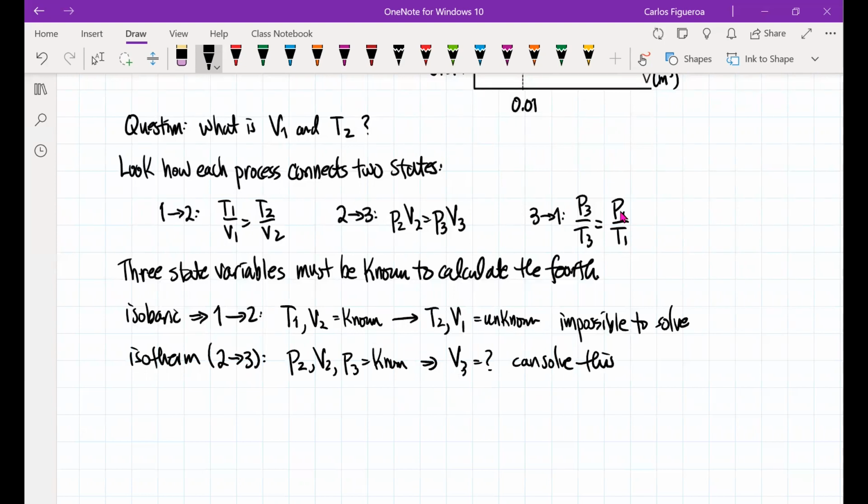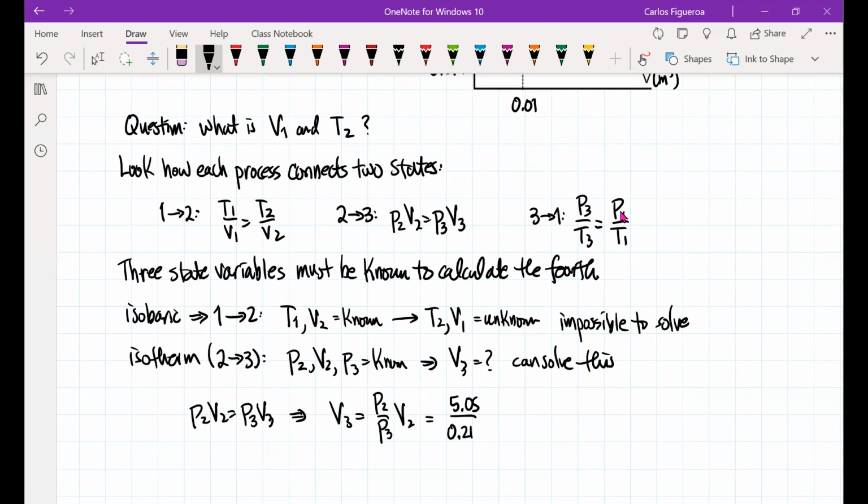So if I now look at this thing, I'm going to use that condition. So from P2, V2, P3, V3, that tells me then I could write V3 is the ratio of the pressures times the volume at 2. So if I put this in, this will be 5.05 times 10 to the 5.